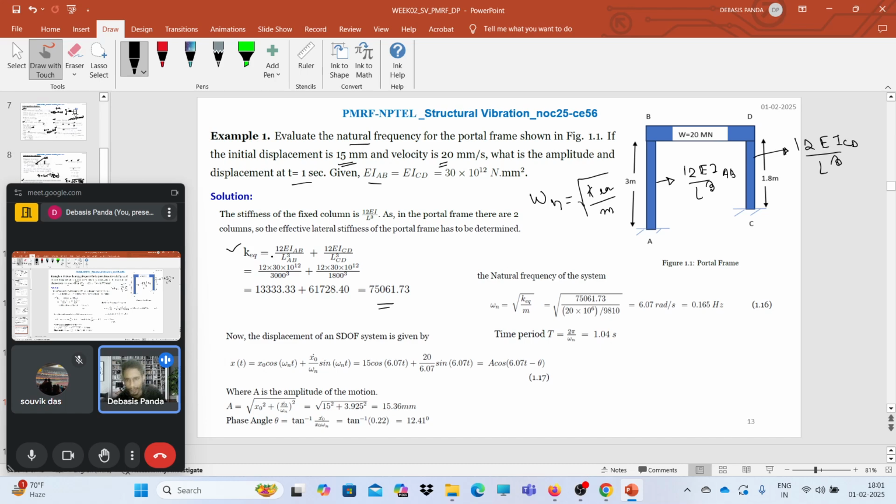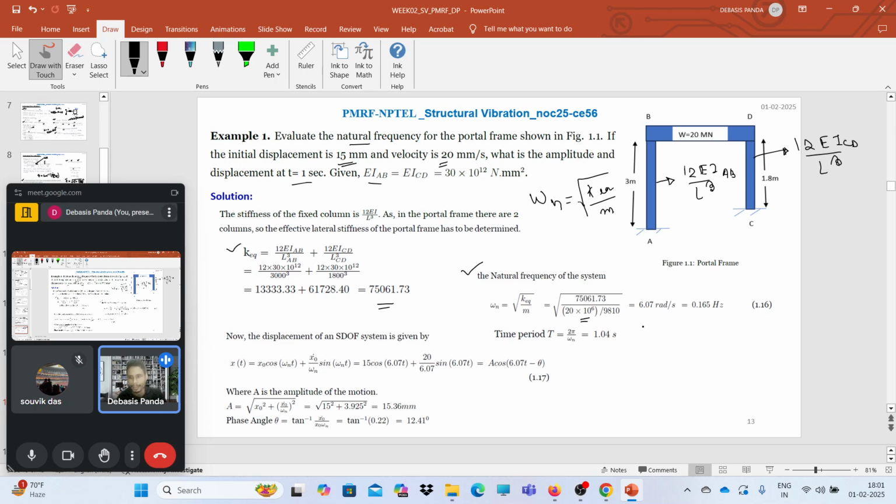Now once we have found K, we have the weight. From the weight we can find the mass and calculate the natural frequency. So omega n will be the square root of K equivalent by m. K equivalent we have already calculated as 75061.73, divided by m. Here the weight is provided as 20 meganewton, so in Newton I have converted it to 20 into 10 to the power 6, divided by g, 9.81 meter per second squared.